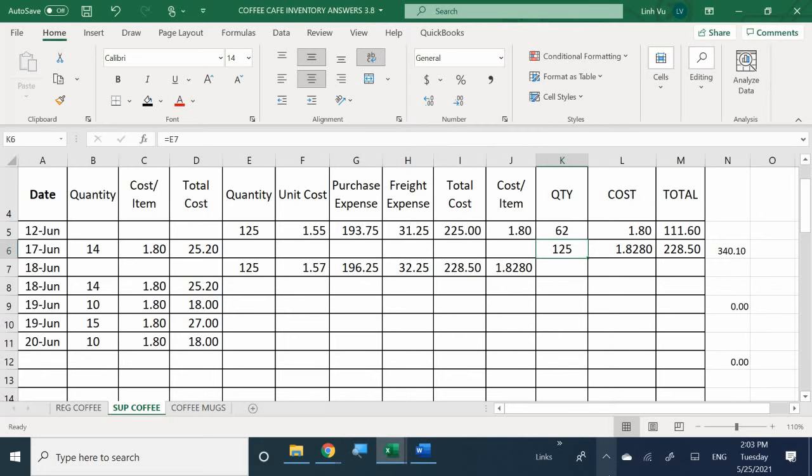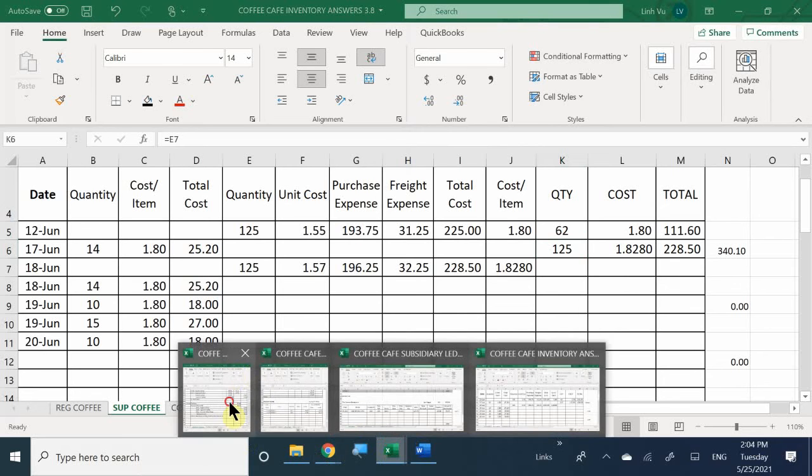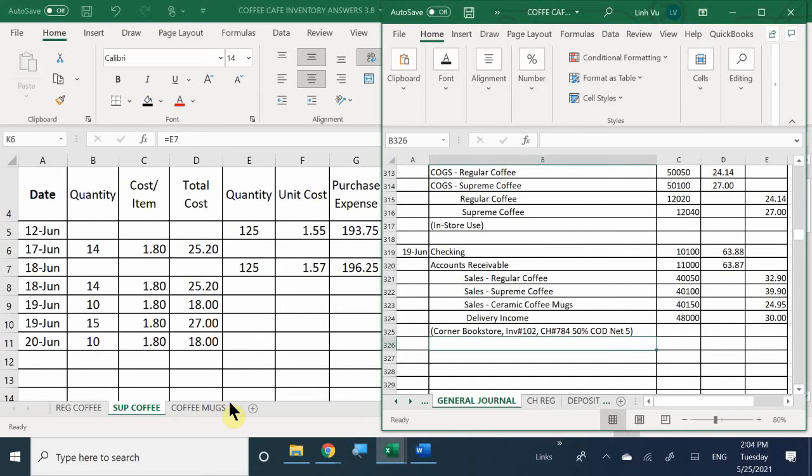Right. And from here, we'll have to go back to our general journal. We have to update our inventory.